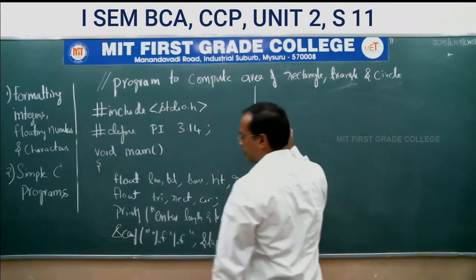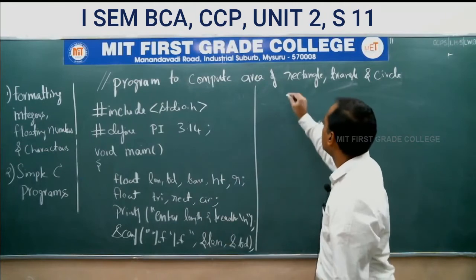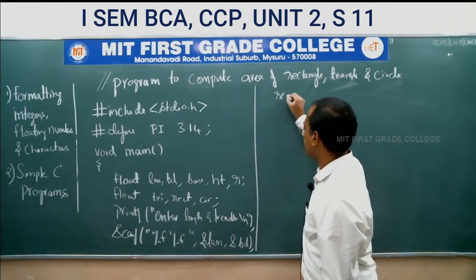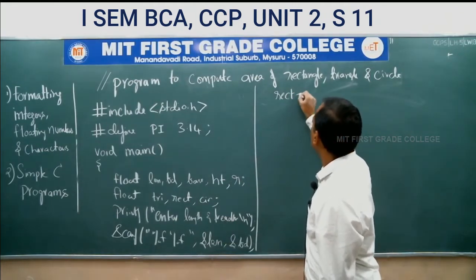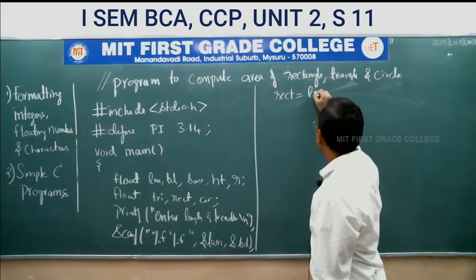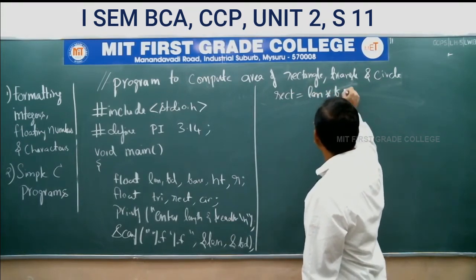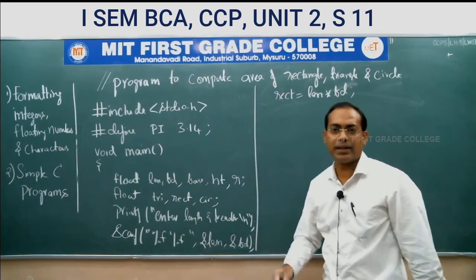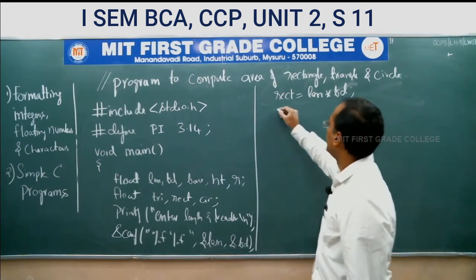Now we'll compute the area here itself. RECT is equal to LEN into BD. Finished computing the area.